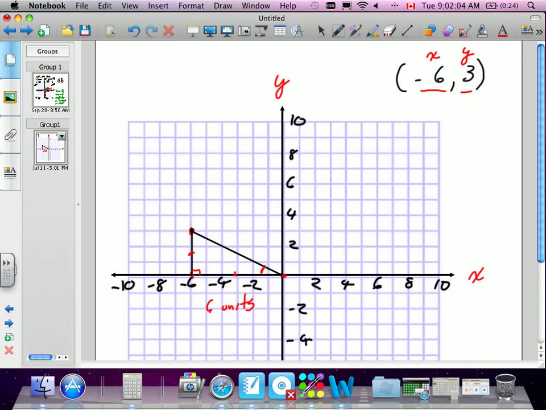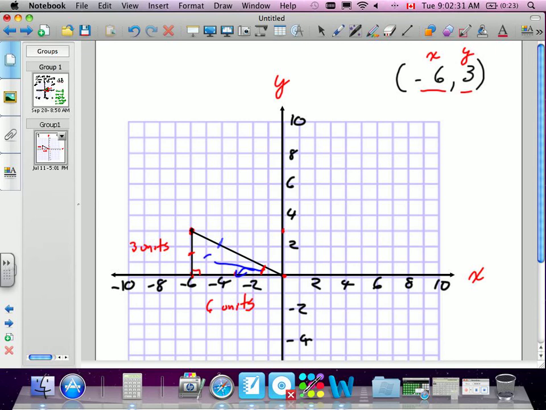We know that our y value is 3, so from the origin up to here is 3 units long. So we figured out two parts of the triangle. I'm looking for this angle again. Which ratio could I use to solve that angle? Tangent. Same idea again. I don't have the measurement of the hypotenuse. So let's say this is our adjacent, and this is our opposite side.